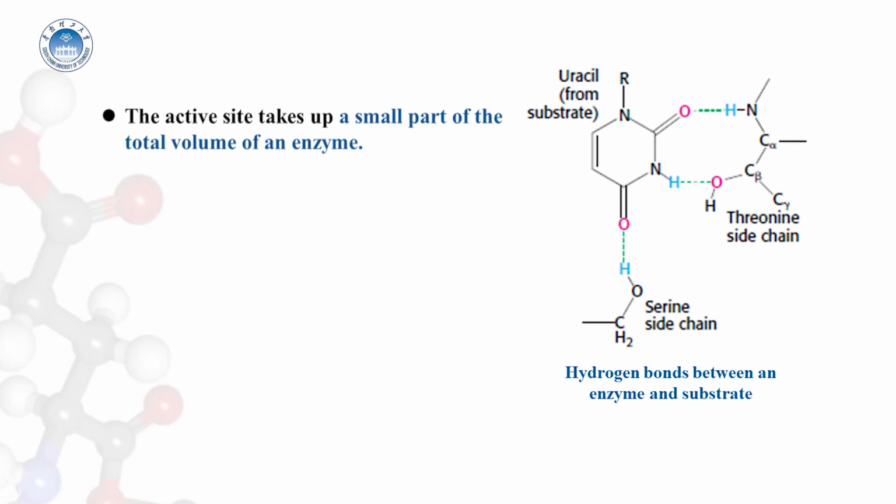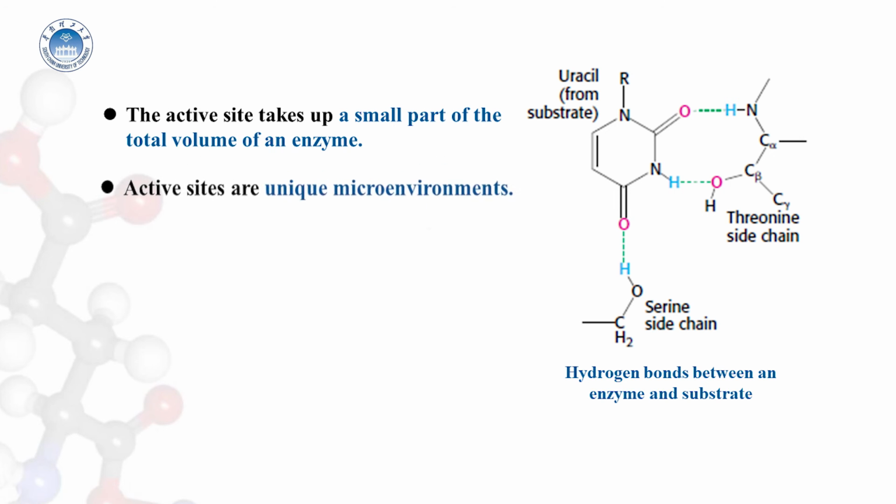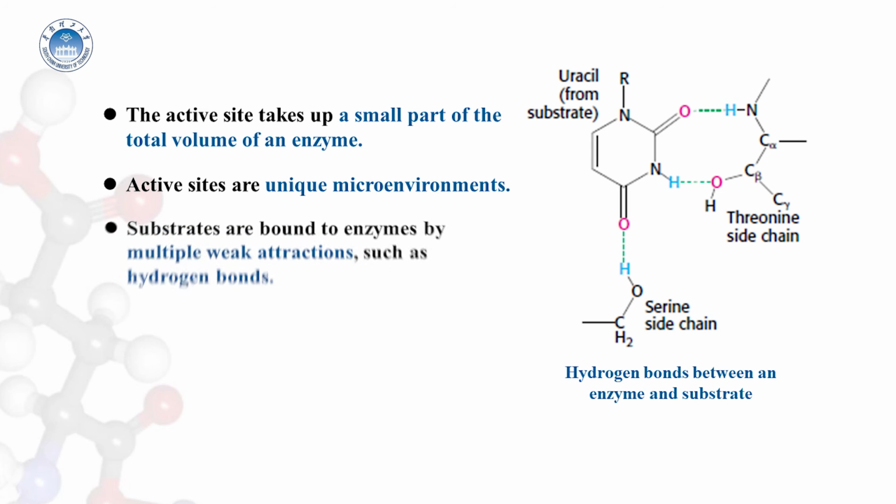Second, the active site takes up a small part of the total volume of an enzyme. And the active sites are unique microenvironments, often nonpolar. At the same time, substrates are bound to enzymes by multiple weak attractions, such as hydrogen bonds.